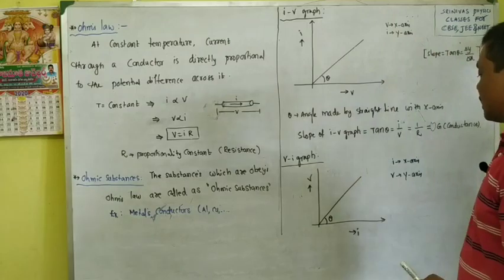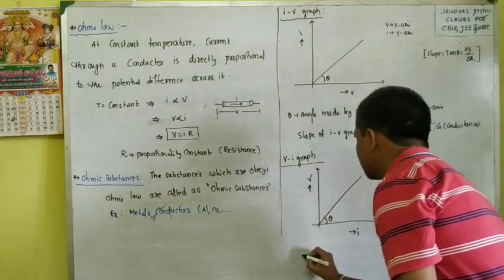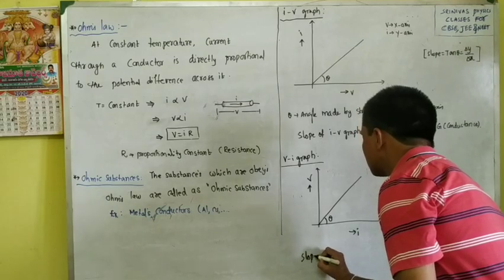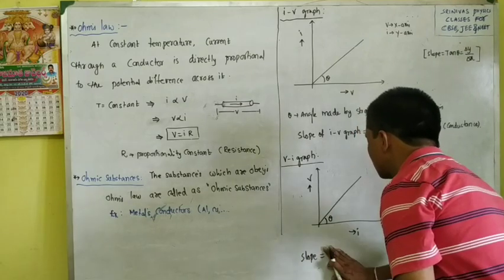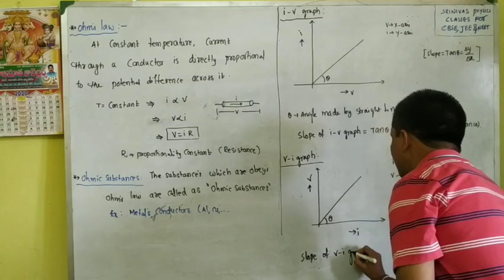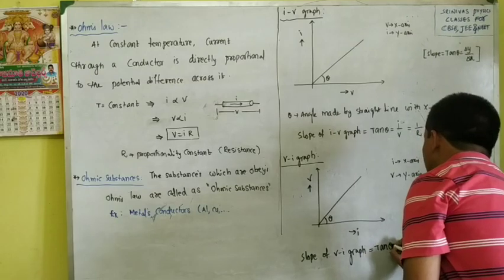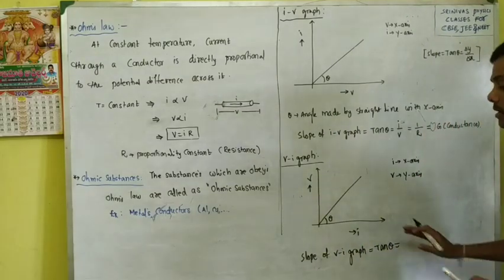And let us see. Here, if you want to find the tan theta, what will you get? The slope is equal to tan theta, the slope of the VI graph. The formula for tan theta is opposite side by adjacent side.